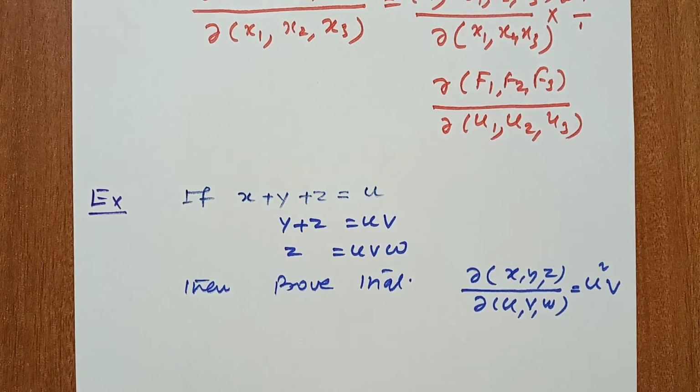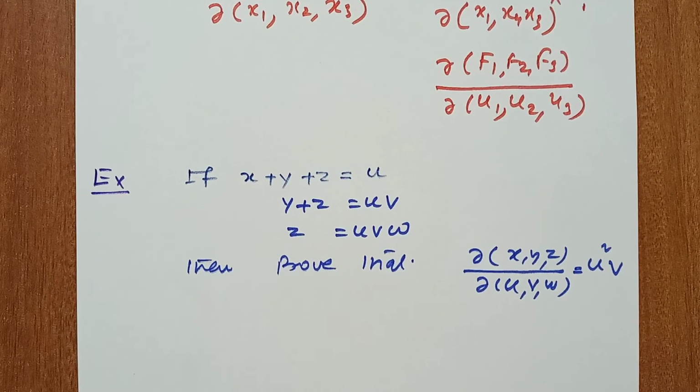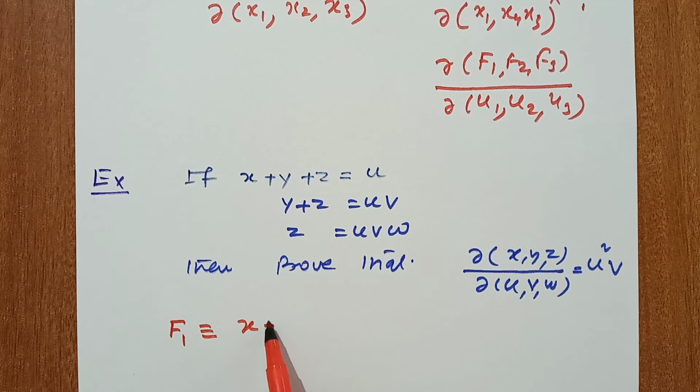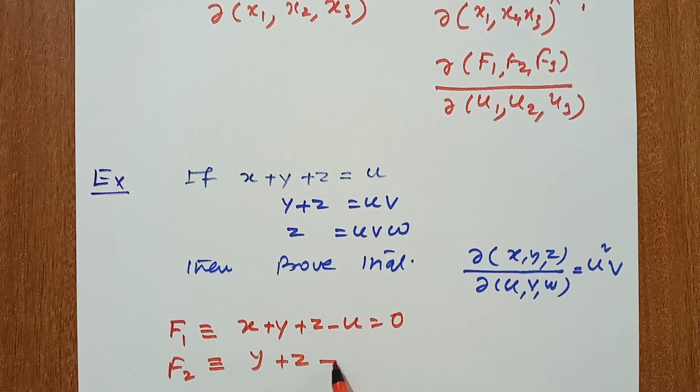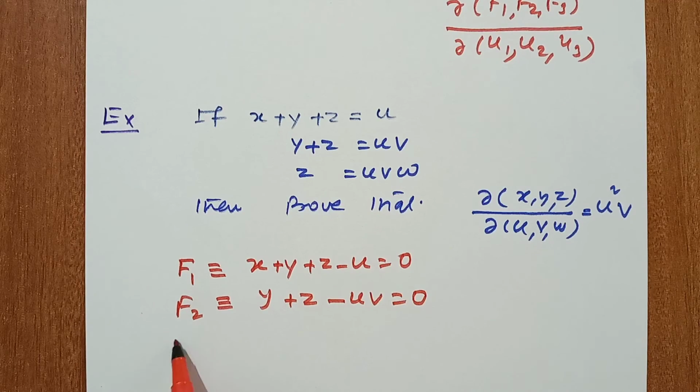So first we will write f1 is equal to x plus y plus z minus u equal to 0. Second, suppose f2 is y plus z minus uv equal to 0, and third, f3 is equal to z minus uvw equal to 0.